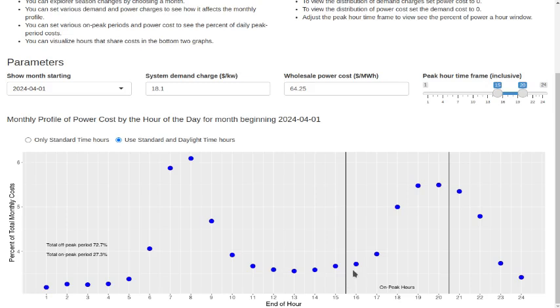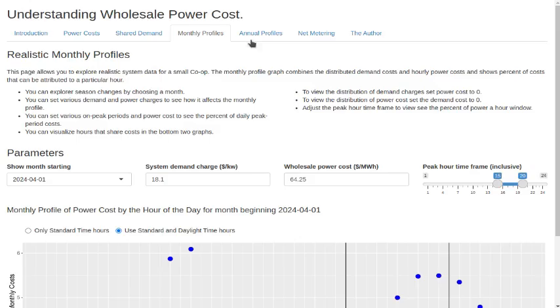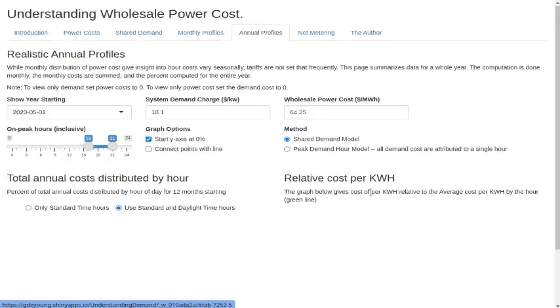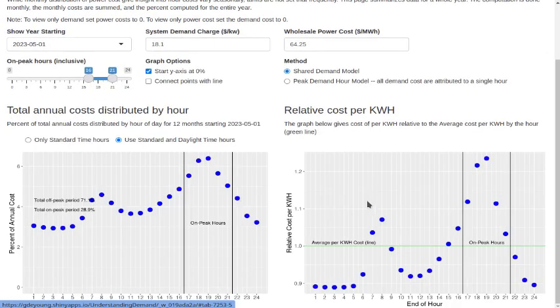So if you're looking from 1,500 hours on, these times up here are inclusive. So you're looking at these guys here. And then off on the side down here, you see how much of that power cost for that month corresponds to on-peak and off-peak. The annual profiles tab does the same thing for annual costs.